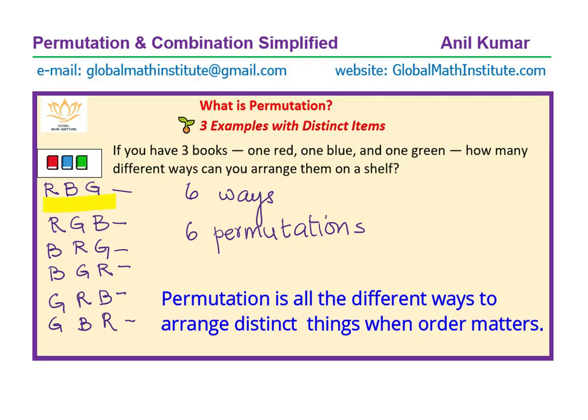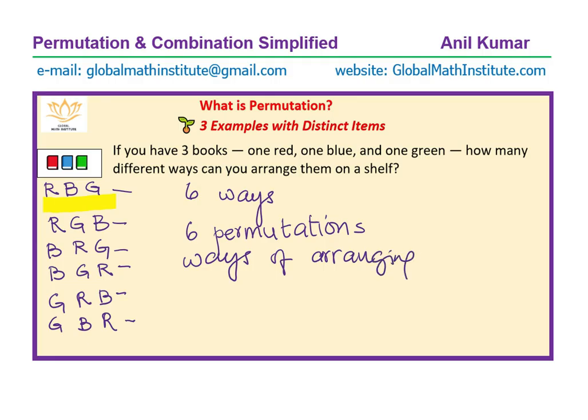Which is defined as how many different ways we can arrange things when order matters, right? So ways of arranging things when order matters.